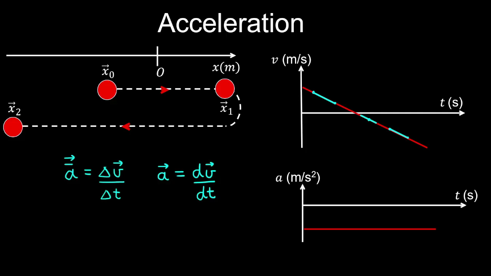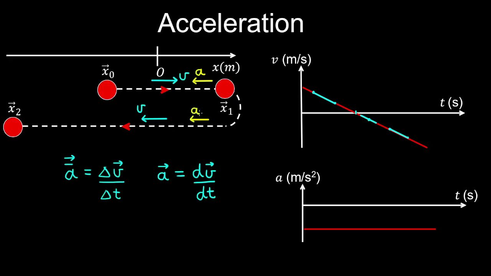So from x0 to x1, we have a velocity, and the particle changes direction when the velocity is 0 and then travels west. So because the acceleration is always negative, then from x0 to x1 it points this way, and from x1 to x2 it also points to the left.